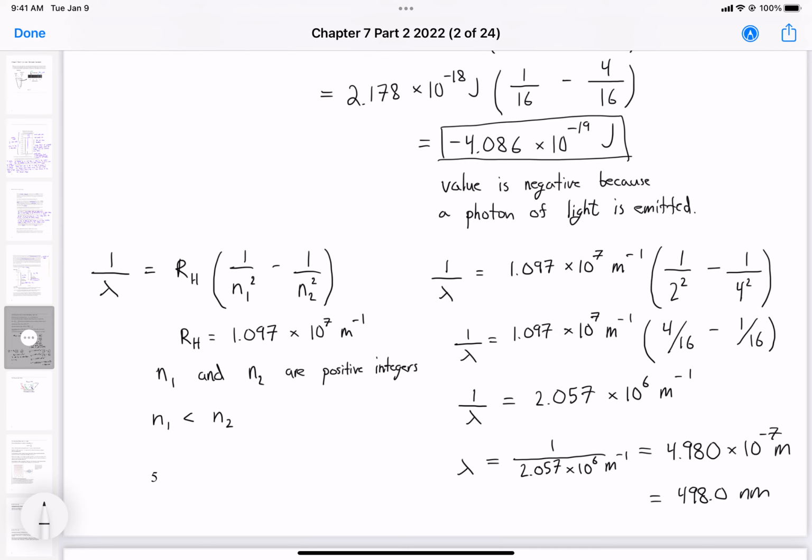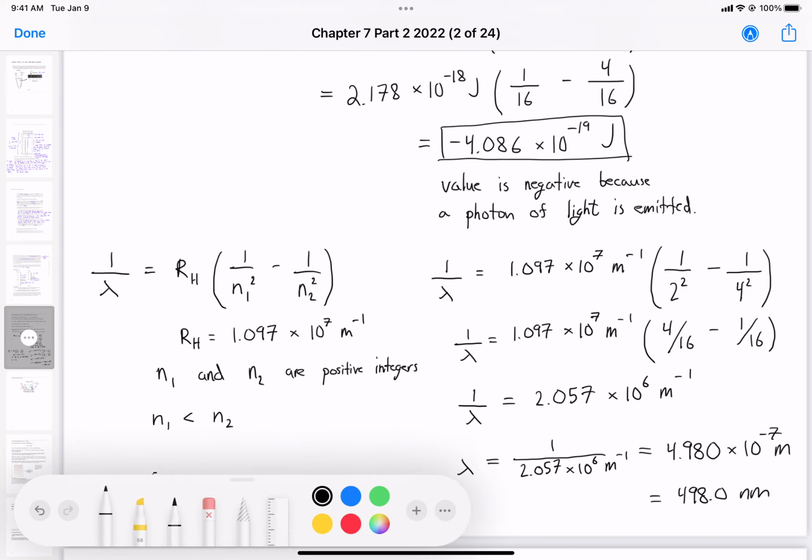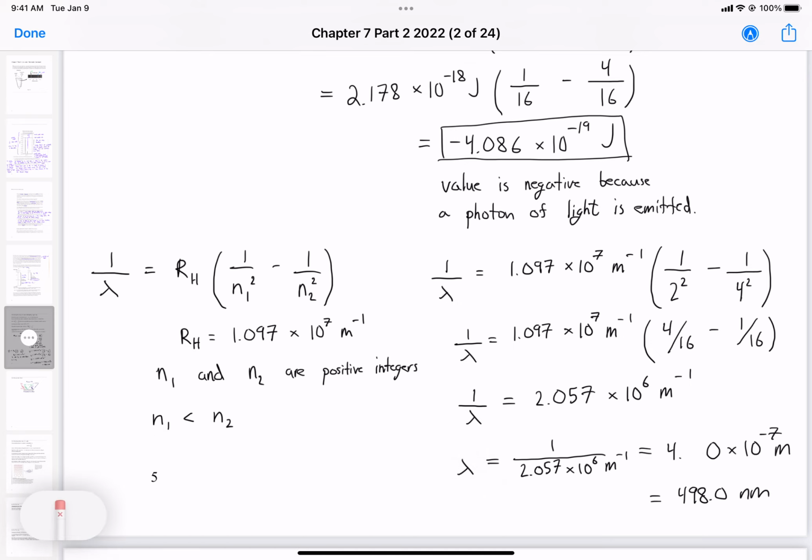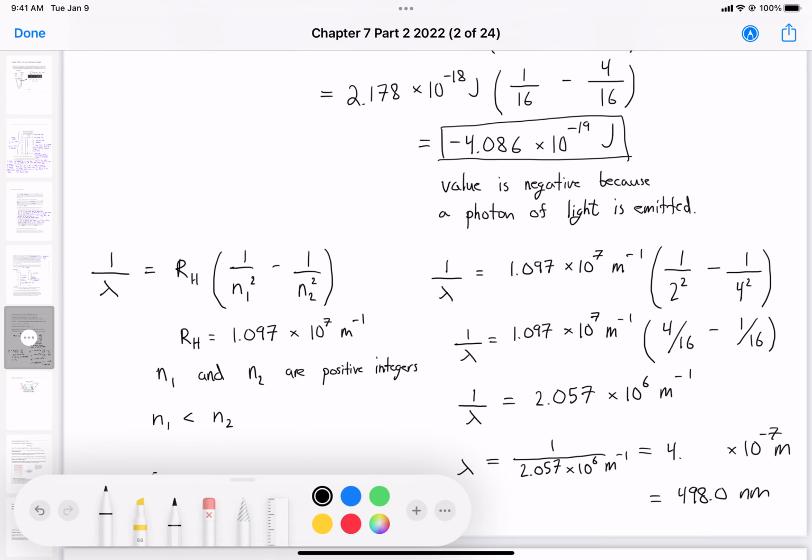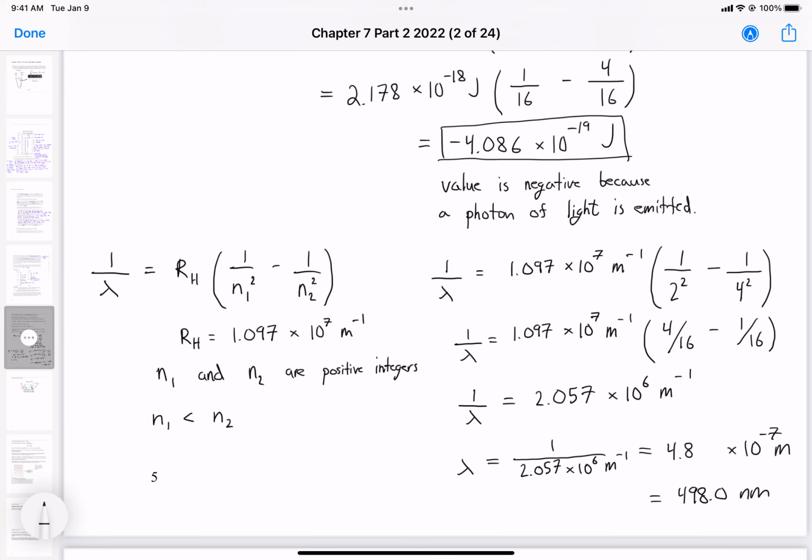And then we should get a value of slightly lower, 4.861. And that will turn into 486 nanometers.